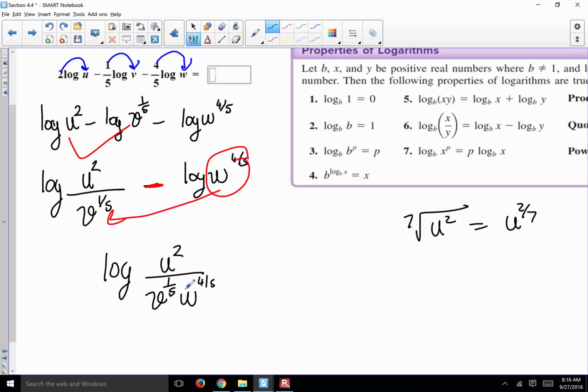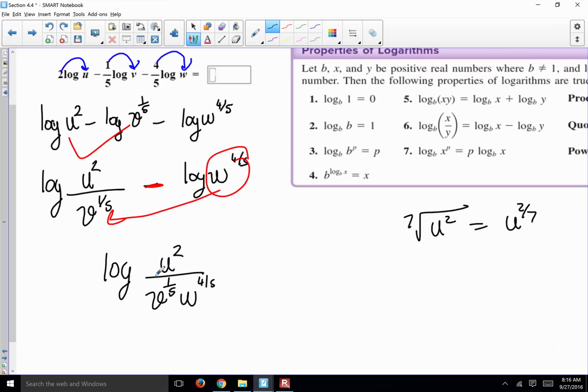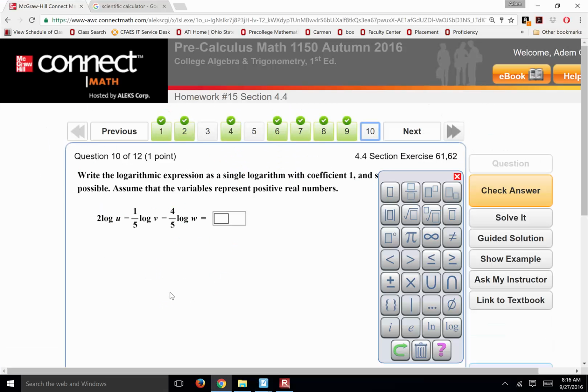I'm not sure we are supposed to do this. Is it optional or is it required? Let's read the statement. Does it say anywhere you need to change them back? It doesn't. So I will first test this answer, and if they don't like it, I will change those powers back to radicals.